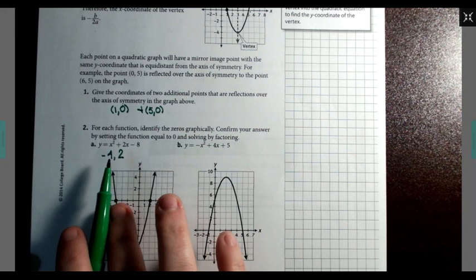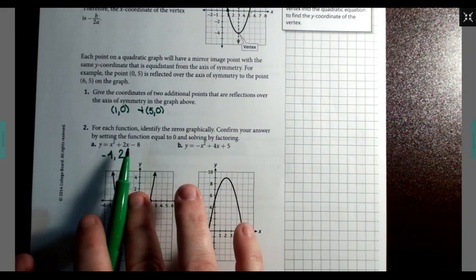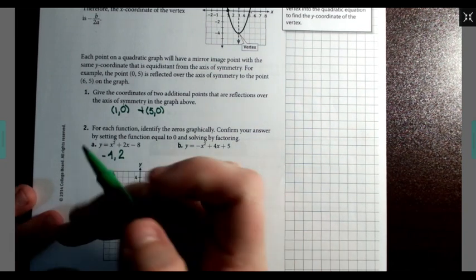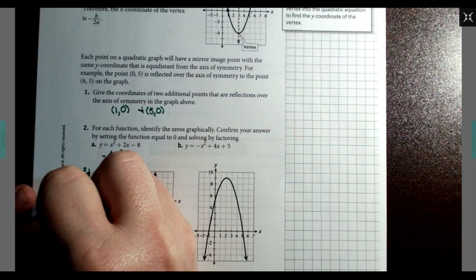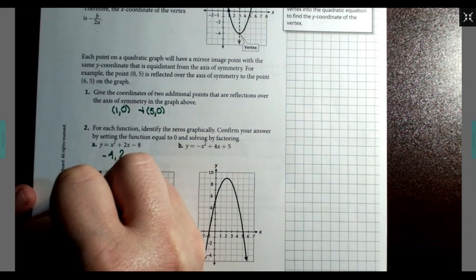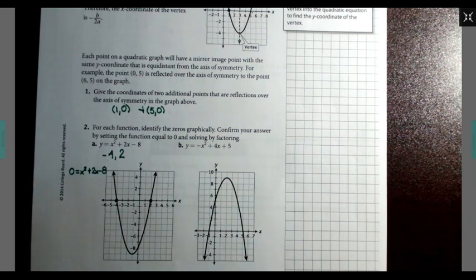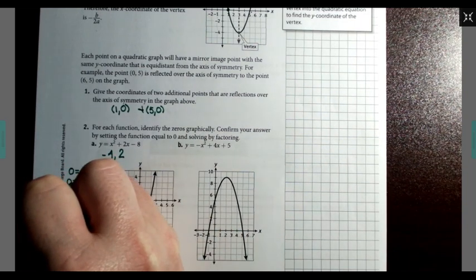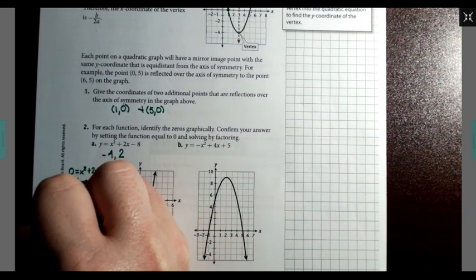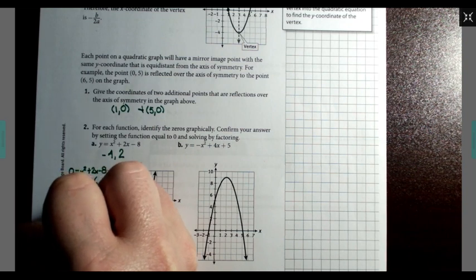It says solve this, set it equal to 0, and solve by factoring. So we would say 0 equals x squared plus 2x minus 8. What two numbers will multiply to give me negative 8 and add to give me a positive 2? Well, that would be negative 4 and positive 2.